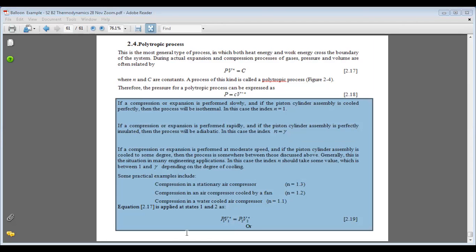Today I'm not going to discuss this because I'm going to start another new session from the previous slides, of this PV to the power n equals constant.